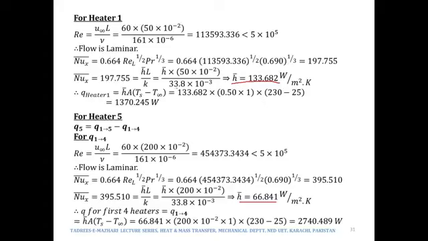And upon putting it in H bar times Ts minus T infinity, we get Q from 1 to 4 as 2740.4 watts. So from the first heater it was 1370, but the first, second, third and fourth heater combined are giving us 2740 watts. Now all we need to do is find out Q1 to 5 in the same manner and take the difference between the two.